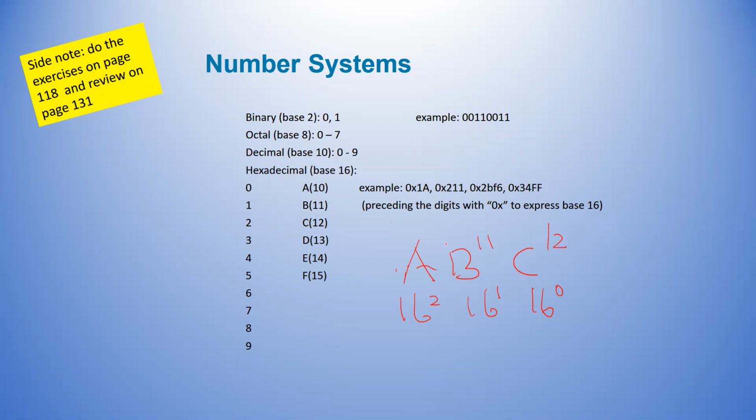B is 11, A is 10. So you will do 12 times 1, 11 times 16, 10 times 16 squared, and you add them all together. Oh, I'm sorry. This is 12 times 1, because 16 to the 0th is 1, right? 16 to the 1st is 16, and 16 to the 2nd is what?